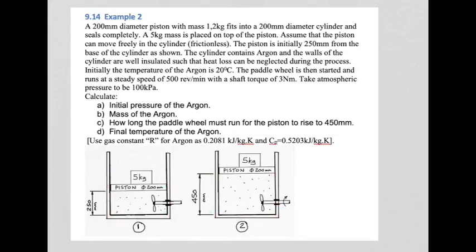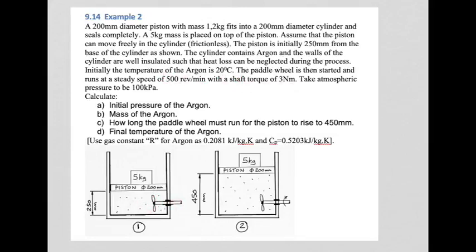The only energy input to the argon was this shaft here, which carries an impeller, and the shaft is rotated, and they tell us the speed of rotation, 500 revs per minute, and the shaft torque. Now remember, from mechanics we can use P equals 2 pi nT over 60 and see what power, what rate of work is going into that shaft and hence being given over to the argon.